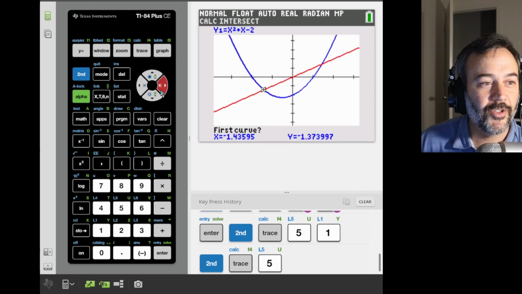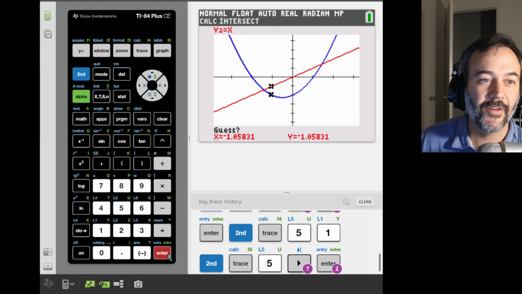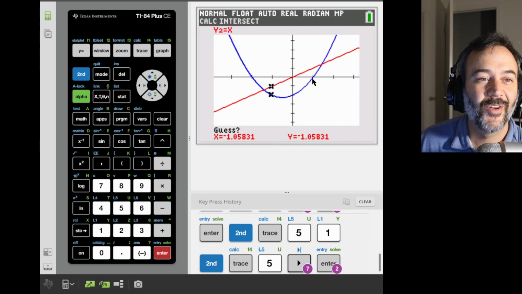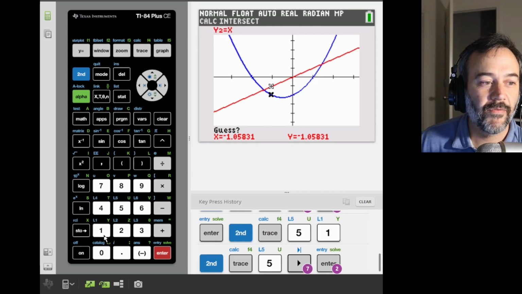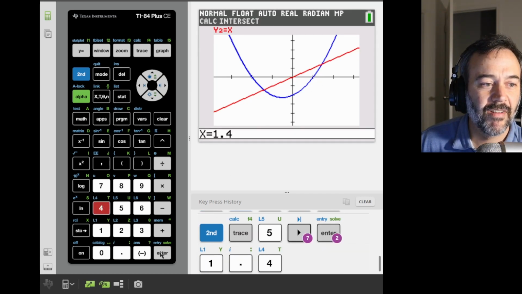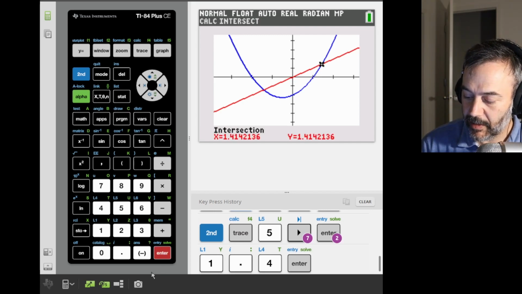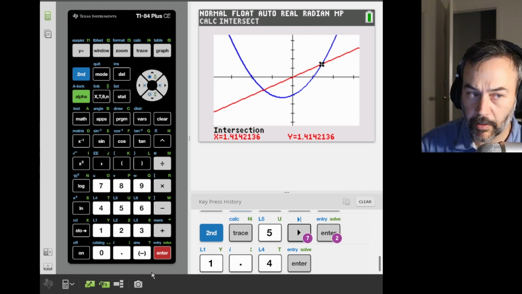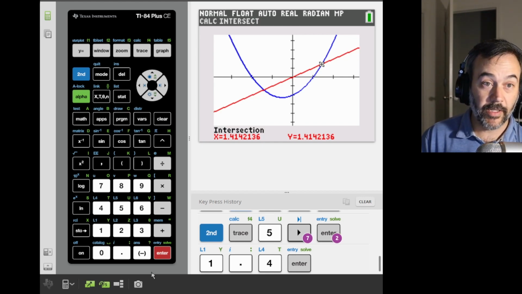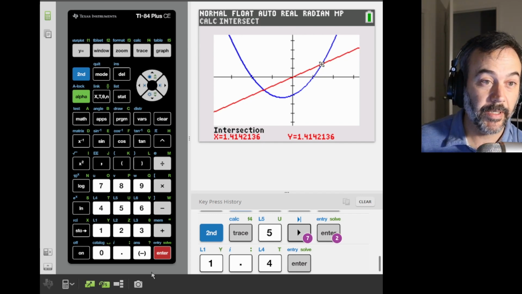I forgot to choose the curves. It says first curve, enter, second curve, enter, and now I do my guess, which is 1.4-ish, about there. And then it found it. So the intersection is, and I'll write this down, x equals 1.414. So it turns out they ended up being symmetric. I guess that actually makes sense in this case.